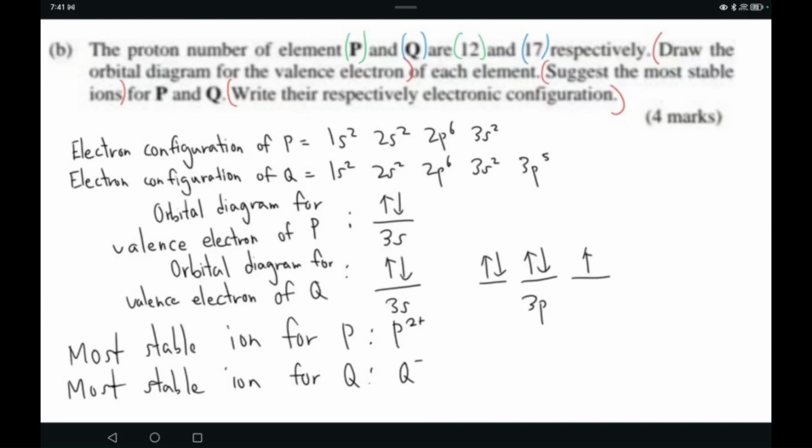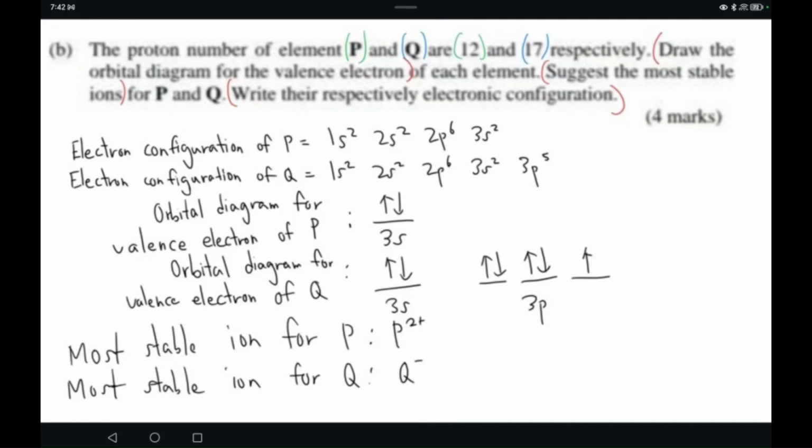So now we can proceed to the next question, which is the orbital diagram. Before we draw the orbital diagram, we need to determine the valence electrons of each element. For P, the valence electron is 2, and for Q, the valence electron is 7.